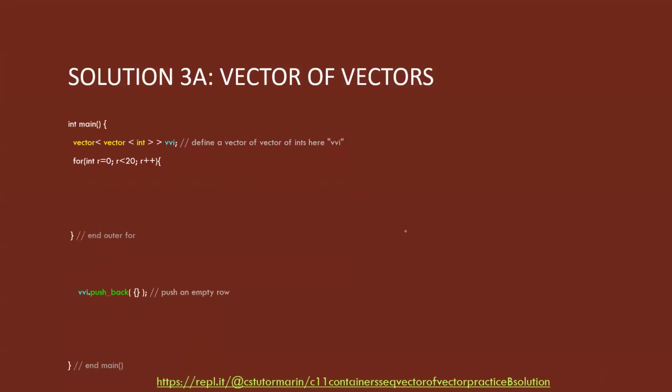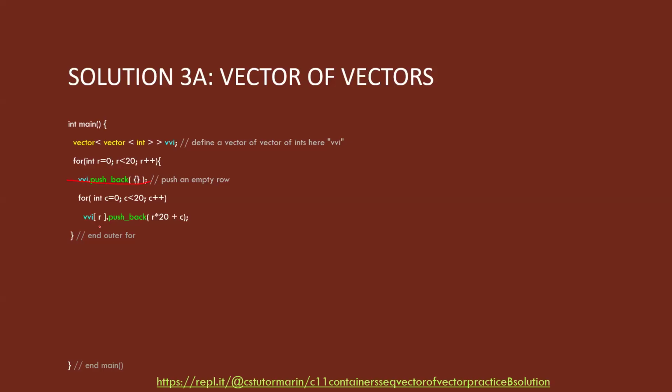R equals 0 to 20, push back an empty row. So this is the part that often gets forgotten and causes crash problems in homework 3, okay? So we've got to create the empty row before we can fill it. And everybody will say, I don't know why it's crashing, right?